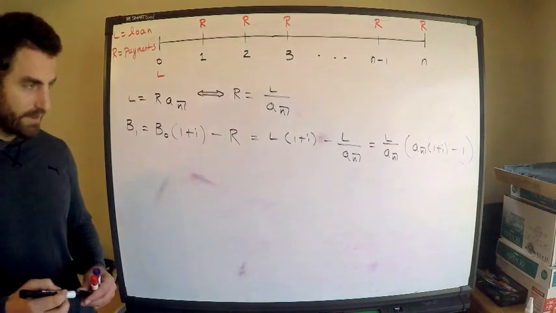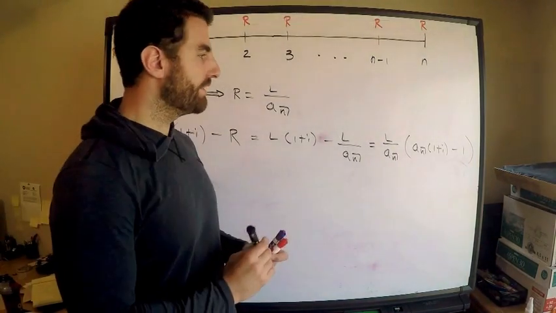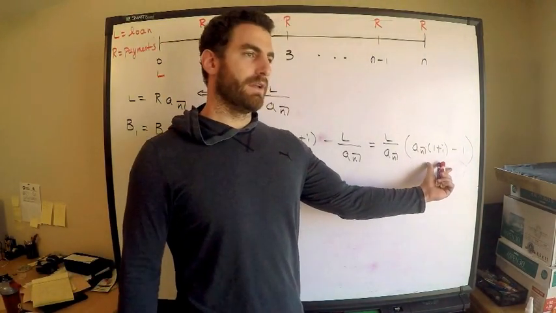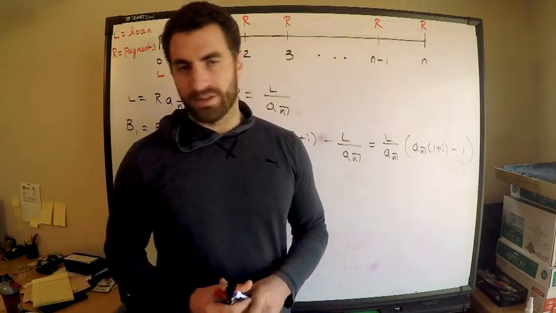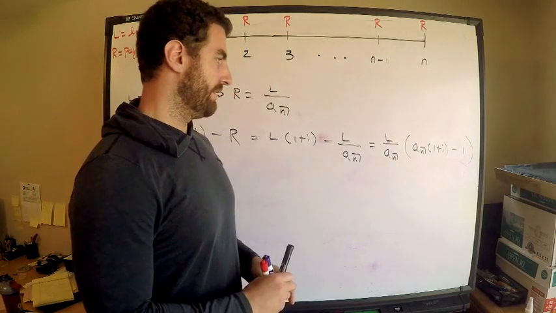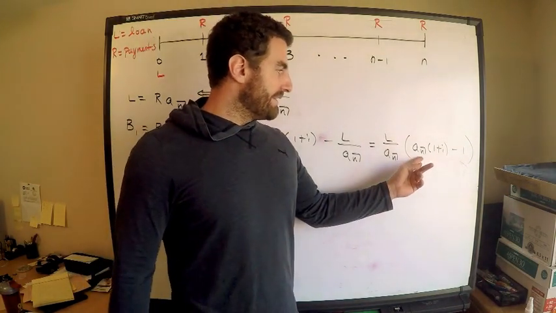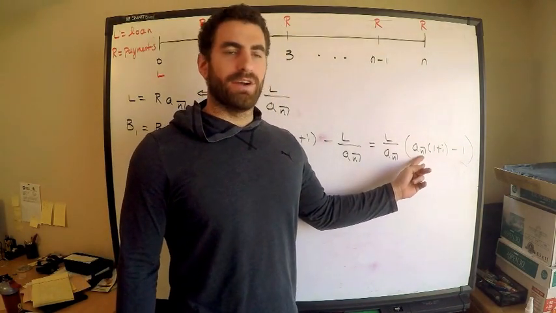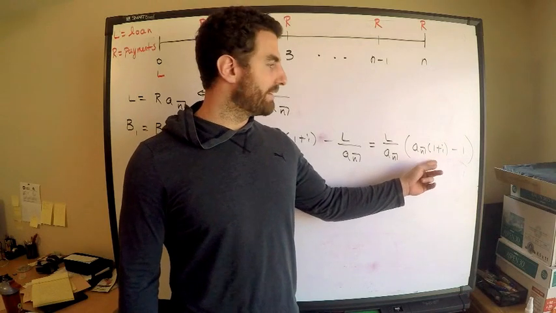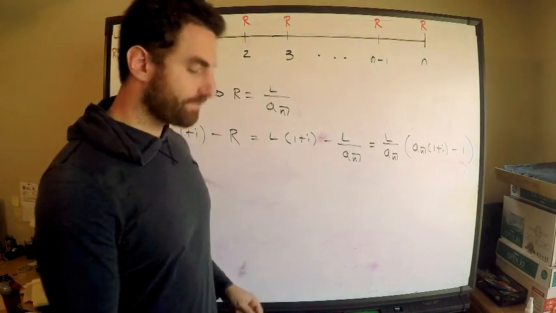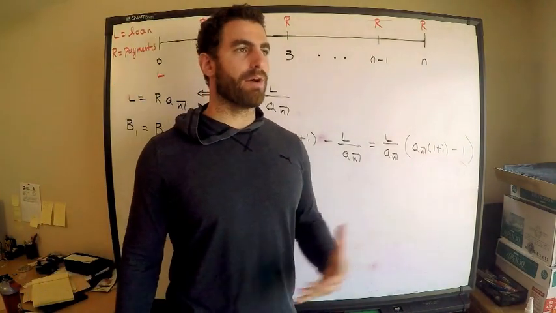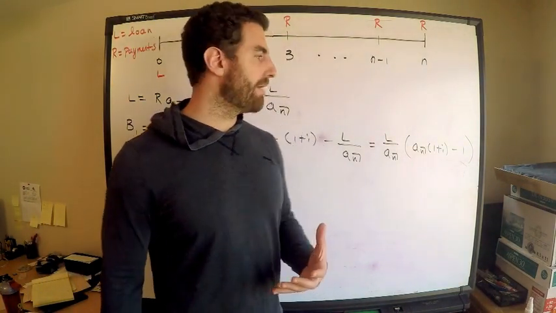Now, there are a lot of different arguments you can go through to figure out what this expression is. Probably the easiest one is just to use the definition of a angle n. What I mean here is that this is just v plus v squared plus v cubed, dot dot dot, plus v to the n. As I multiply by 1 plus i, that's basically going to drop all those powers of v by 1.